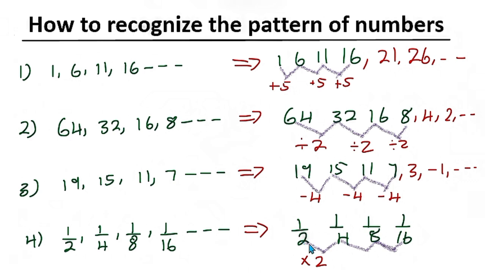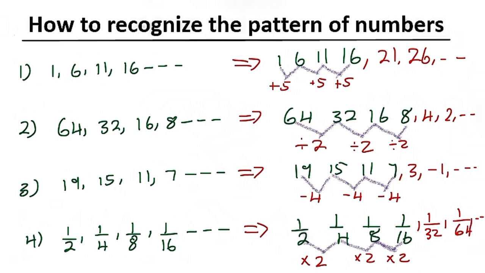Basically 2 times 2 gives us 4, 4 times 2 gives us 8, and 8 times 2 gives us 16. So we can say that the next two terms of this sequence will be 1 over 32 and 1 over 64, and it goes on.